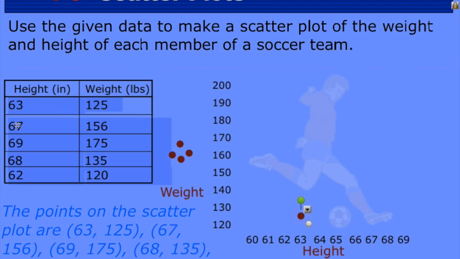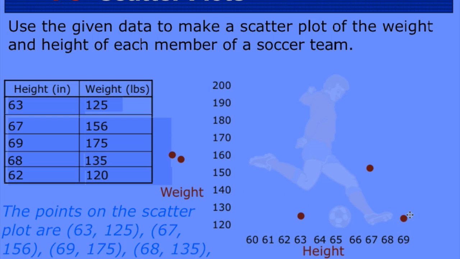Let's now look at 67 and 156. Probably somewhere around here in the middle of 150 and 160. Seems about right. Let's look at 69 inches in height and 175 pounds.